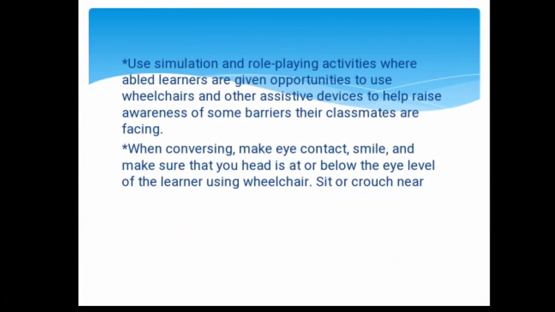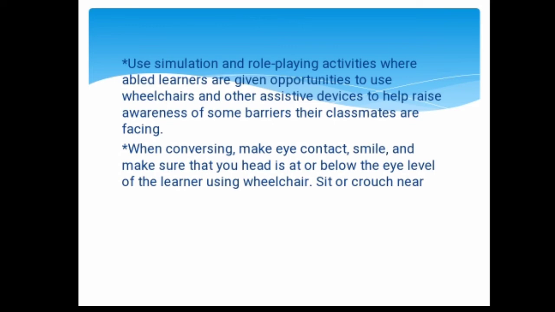Use simulation and role-playing activities where able learners are given opportunities to use wheelchairs and other assistive devices to help raise awareness of some barriers their classmates are facing. When conversing, make eye contact, smile, and make sure that your head is at or below the eye level of the learners using wheelchairs.